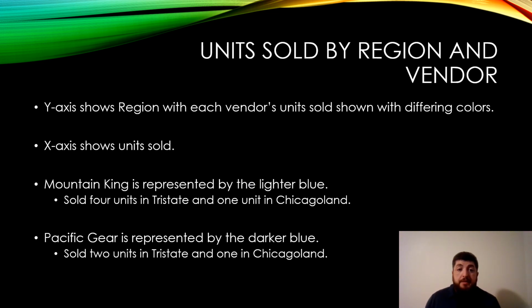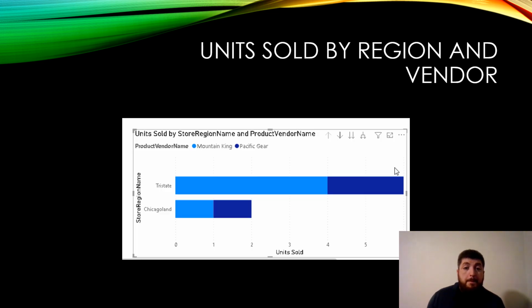Units sold by region and vendor. The y-axis shows region and each vendor's units are shown with differing colors. The x-axis shows units sold. Mountain King, represented by the lighter blue, sold 4 units in Tri-State and 1 unit in Chicagoland. Pacific Gear is represented by the darker blue, sold 2 units in Tri-State and 1 in Chicagoland.